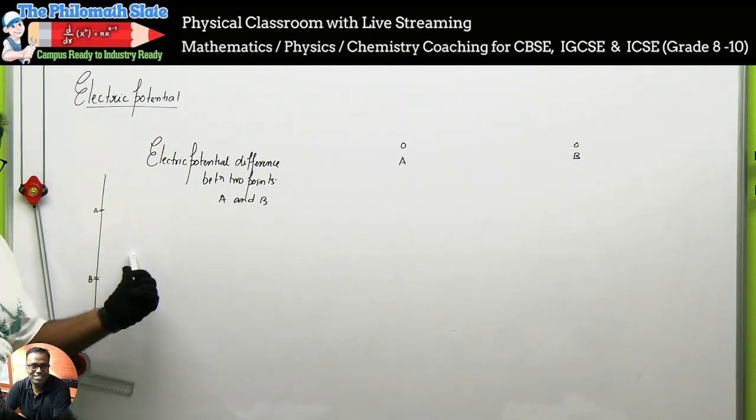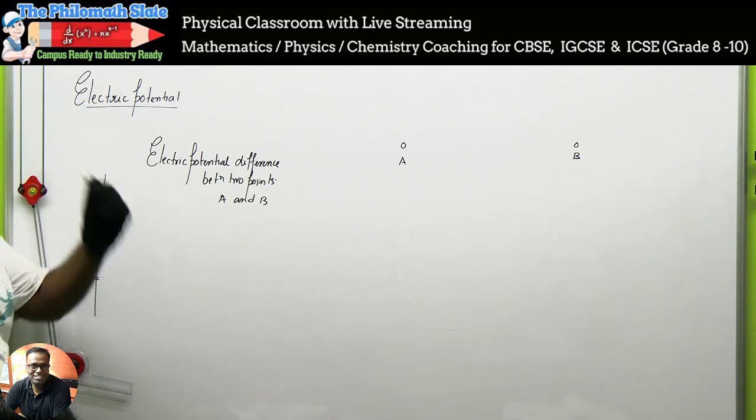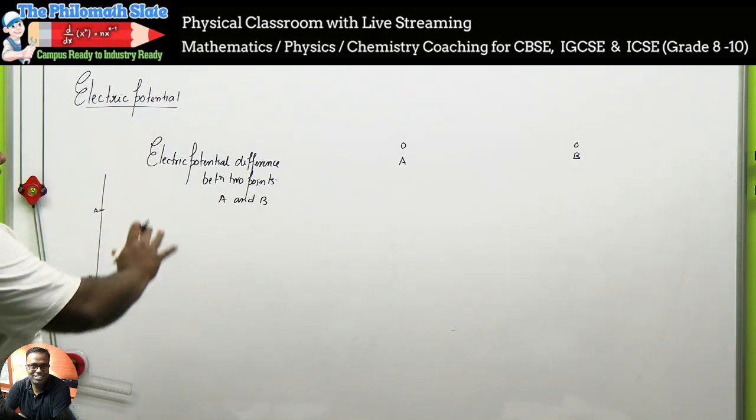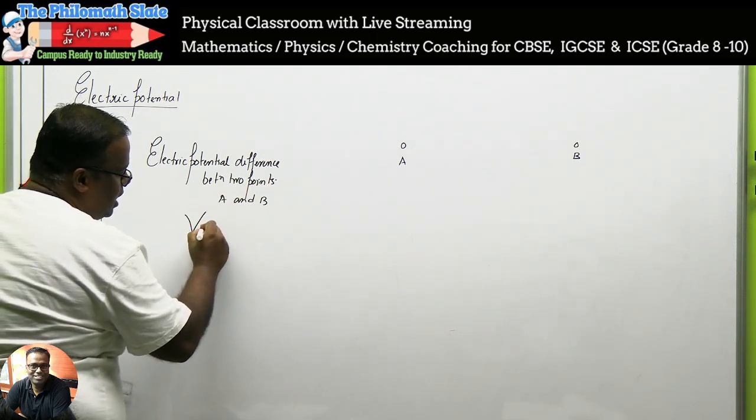Is this confusing you? Just understand it's a potential ladder, money ladder, score ladder. Electric potential difference between 2 points, we denote it as VAB.